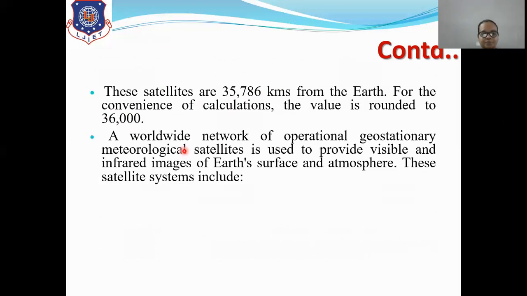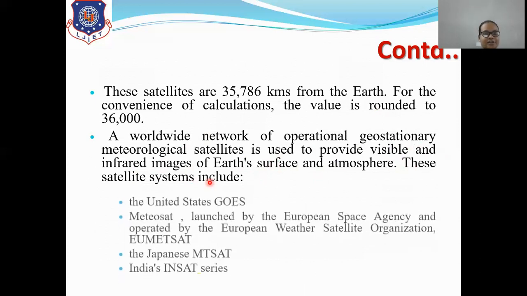Now, there are various worldwide satellite networks which are used for meteorological operations in geostationary orbit, which provide visible and infrared images of the Earth's surface and atmosphere. So what are the different satellites?